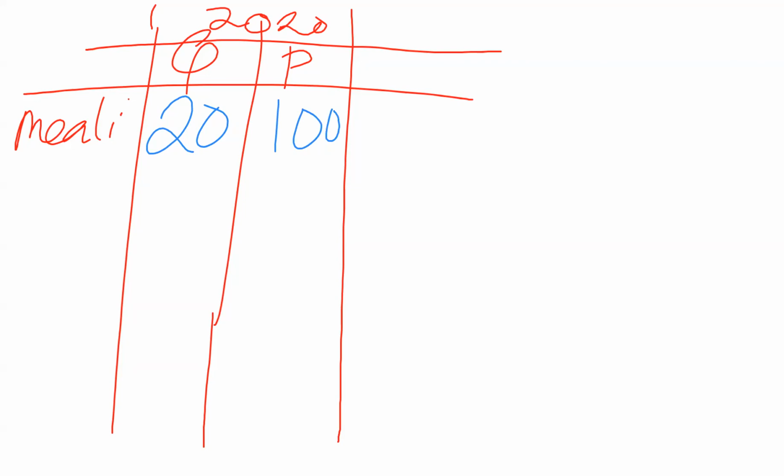The next thing that we have is cooking oil. For cooking oil, let's say the quantity is 150, and the price was just 50. We are just making some imaginary numbers. What other commodity do we have?